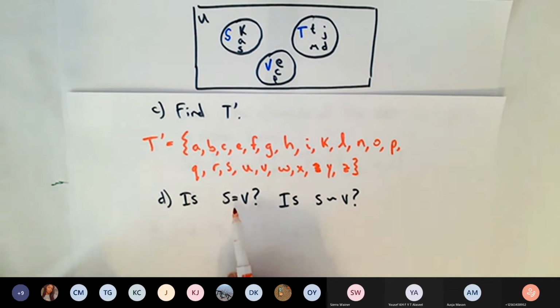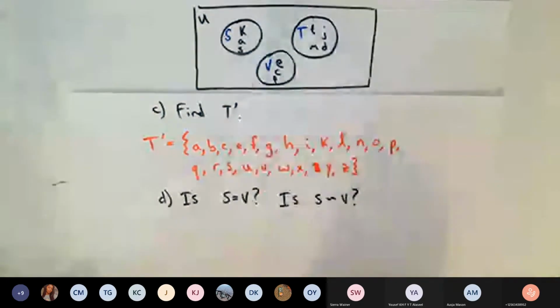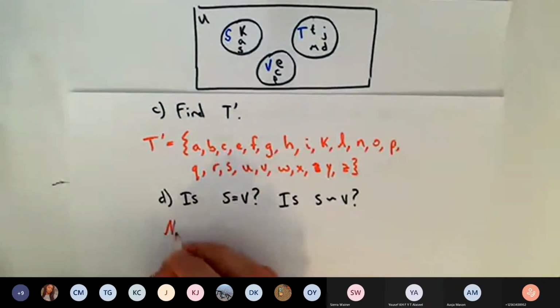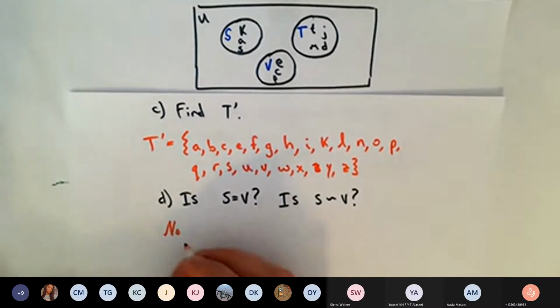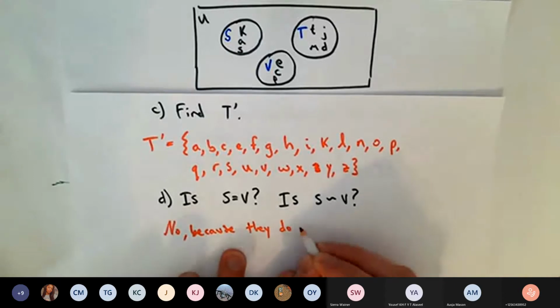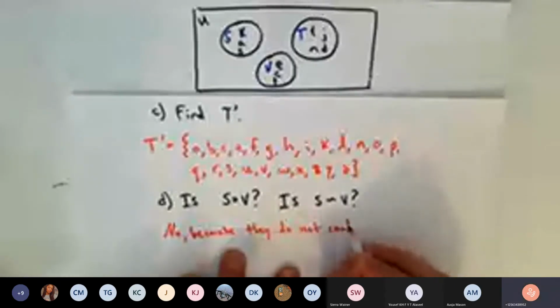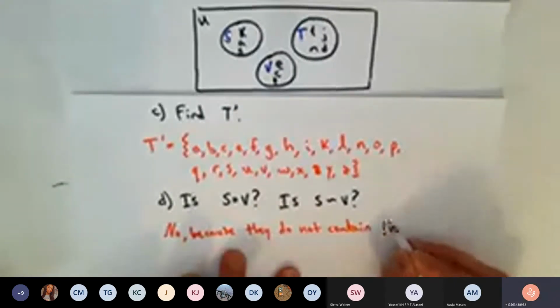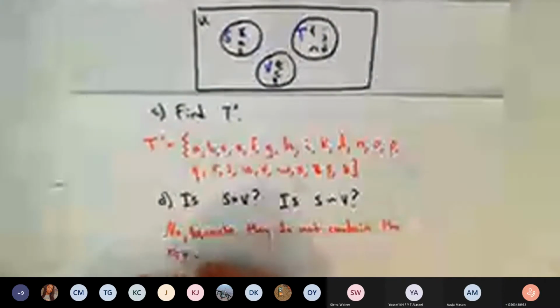Well, to be equal, we need the sets to have exactly the same elements. So we can say no for the first part, because they do not contain the exact same elements.